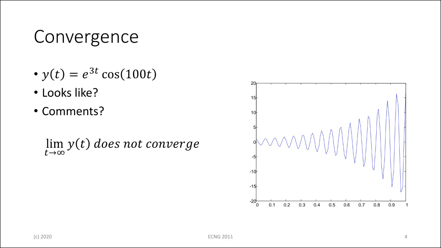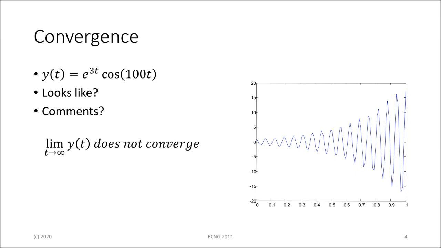But here are some things. If you have a system and the response in time is e to the plus 3t cosine 100t, it's going to look like that diagram on the right-hand side. It's a sinusoid or cosinusoid, and the amplitude of the cosinusoid is going to increase. It's increasing exponentially. So eventually it's going to reach whatever is the power supply limit of the particular system and either stay there or the system is going to shut itself down or blow the fuse.